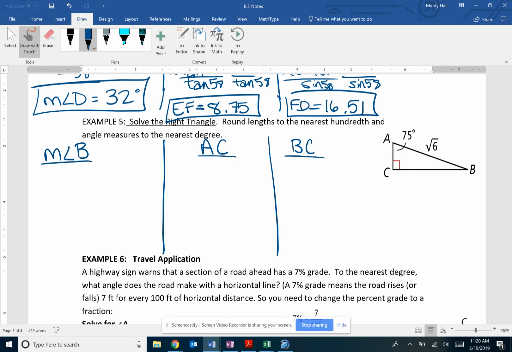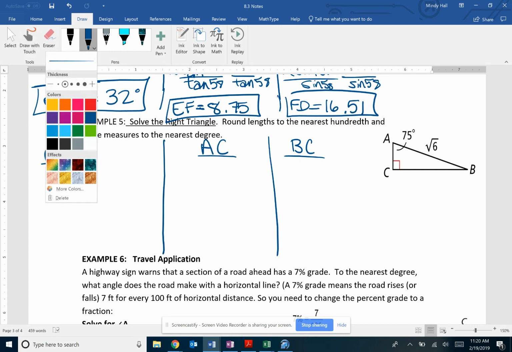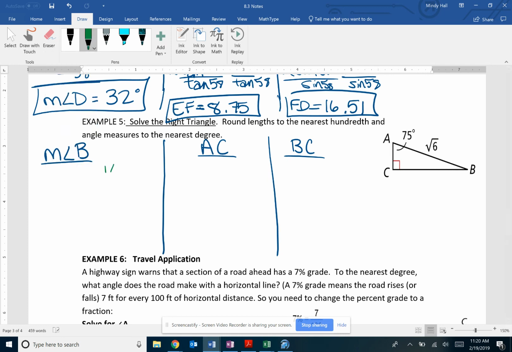So to do that, use whatever trig or math rules you remember. So angle B, we have 2 angle measures in this triangle that we know. So that makes our life easy. We can do 180 minus 90 minus 75, which tells me that the measure of angle B is 15 degrees. Done. Nice and easy.